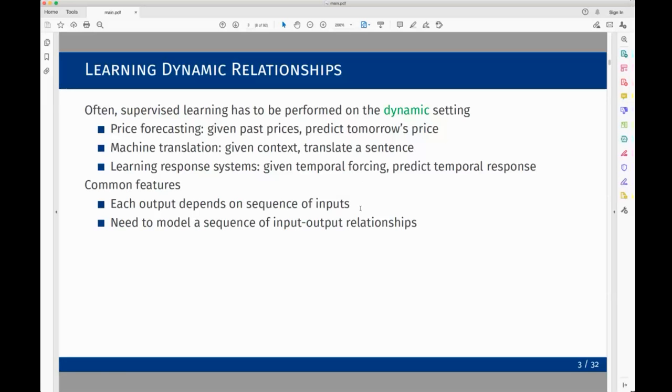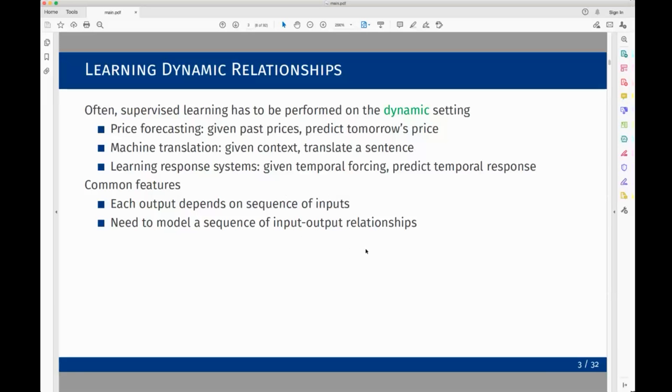There are several common features in these kinds of problems. Each output essentially depends on the sequence of inputs. The input actually becomes a sequence, and given this kind of input feature, we need to model a sequence of input-output relationships, because you can imagine the mapping determining today's price given the history is one mapping, and the mapping determining tomorrow's price given the past prices will be a new mapping.